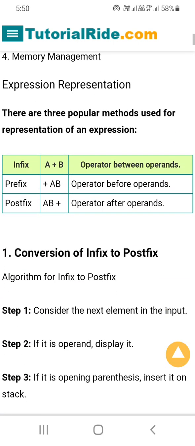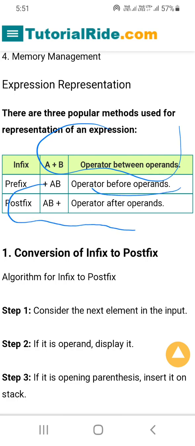Now talking about expression representation, there are three popular methods used to represent an expression: infix, a plus b, operator between operands; prefix, plus a b, operator before operands; and postfix, a b plus, operator after operands.